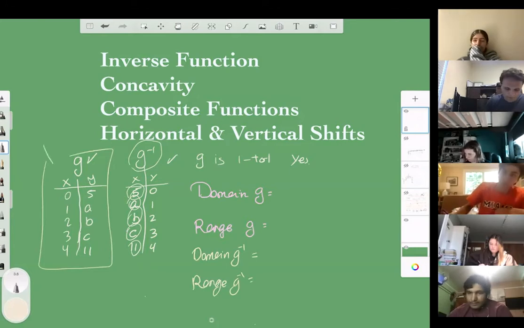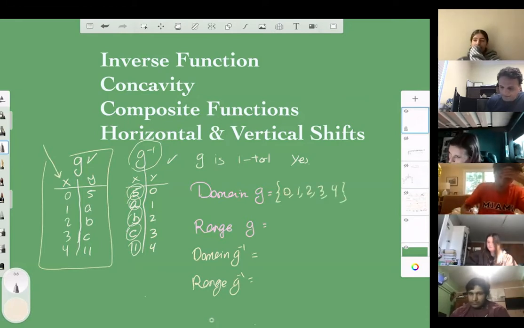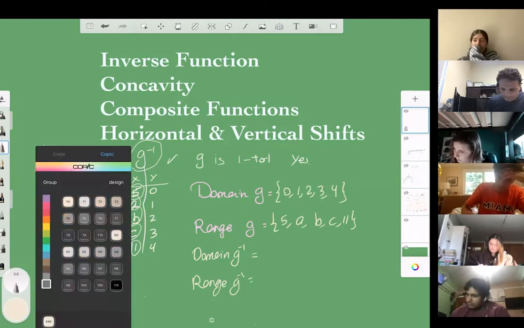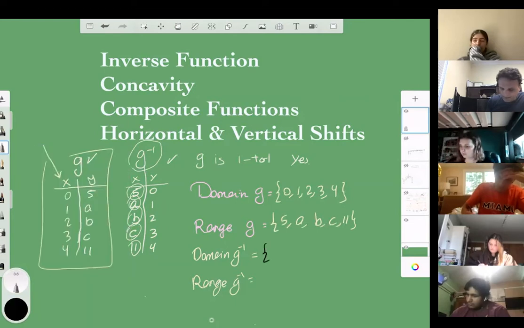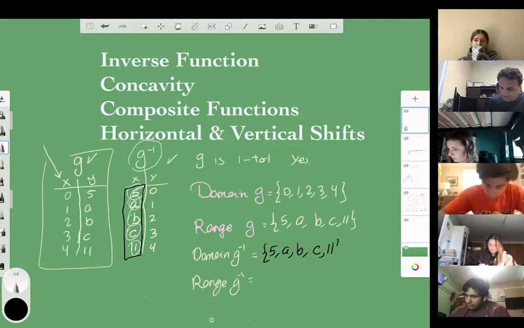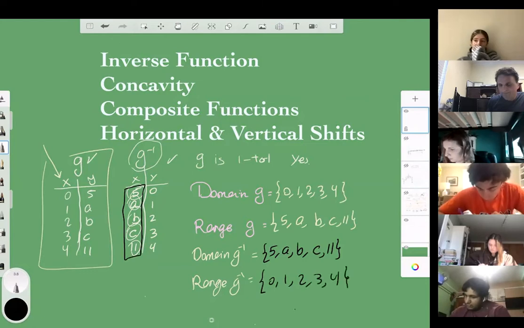So pretty simple. Domain will be all the values of X: 0, 1, 2, 3, 4. The range will be 5, A, B, C, 11, correct? And for the inverse, domain of G inverse will be 5, A, B, C, and 11. And the range of G inverse will be 0, 1, 2, 3, and 4.